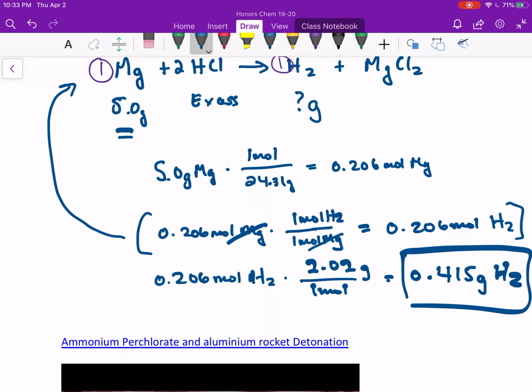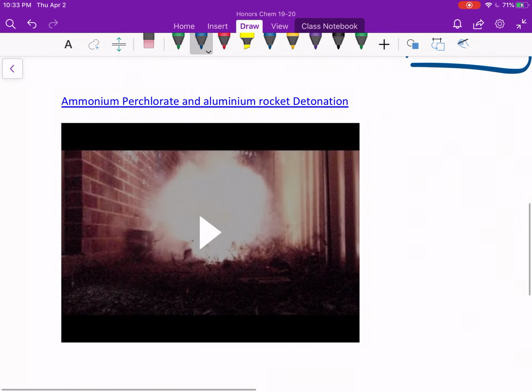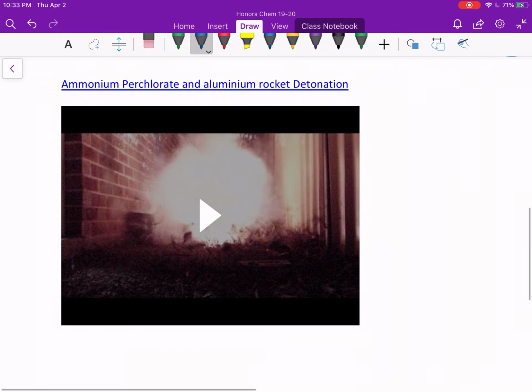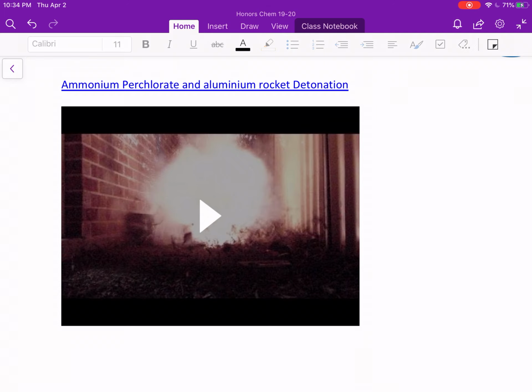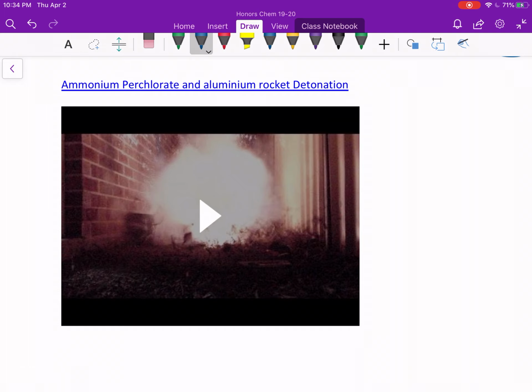Now, we have something slightly different here, where we have another pretty cool reaction. And this time we have ammonium perchlorate. And so ammonium perchlorate is going to have a formula of NH4ClO4, and we're going to react that with aluminum.